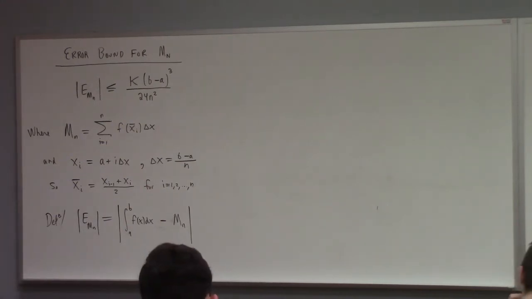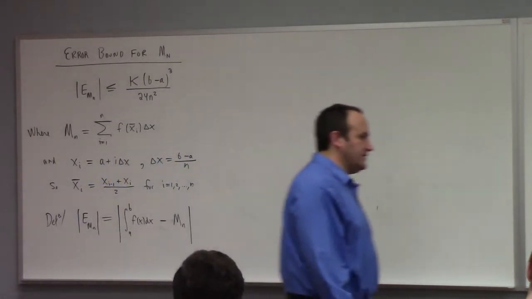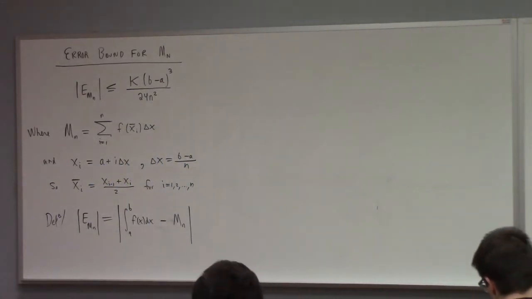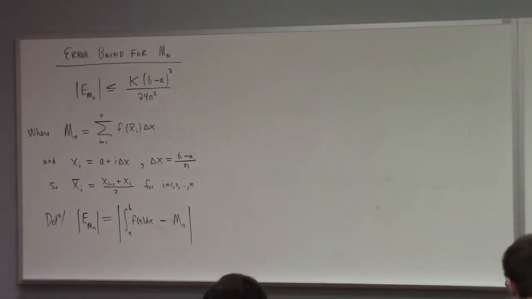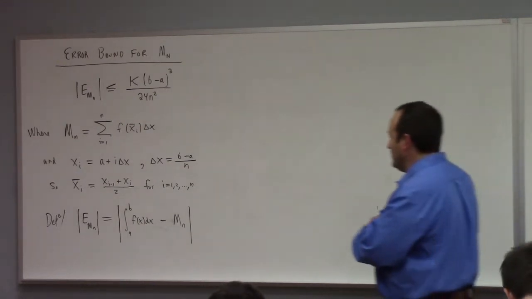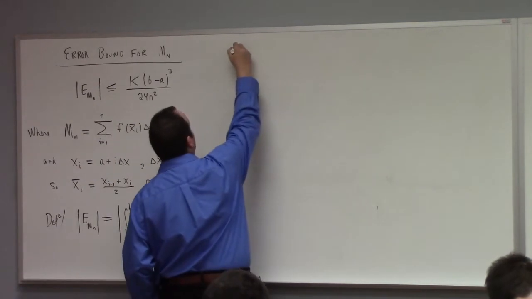So let's look at a specific problem, and I'll try to make the function a little bit easier to analyze than the one I did last time. But let's try to answer the following question.